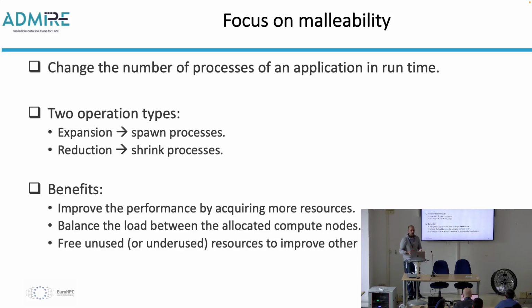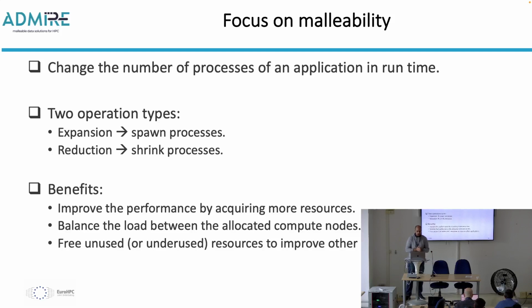So, what is the malleability of an application? It's the capability of adapting the size of an application in execution time. There are two types of operations, an expansion and a reduction. When we want to perform an expansion, we use the spawn function, so we spawn the processes, and the reduction is the opposite. We can identify three main benefits from the user point of view. The first one is that the application can improve dynamically the performance if the resources are available.